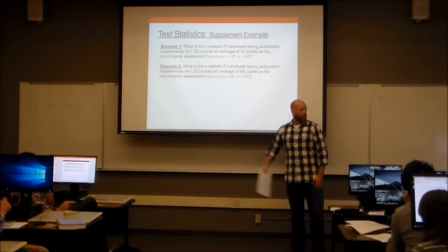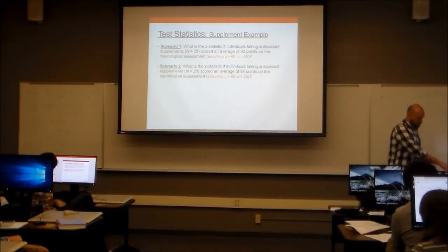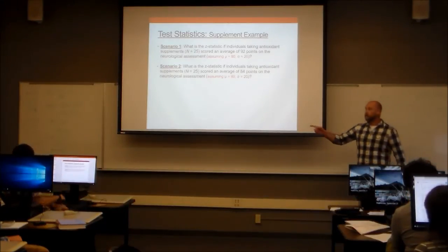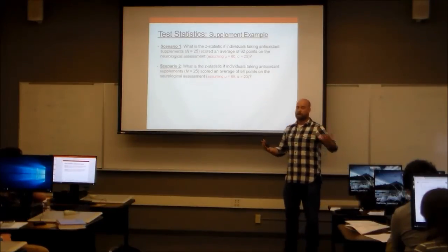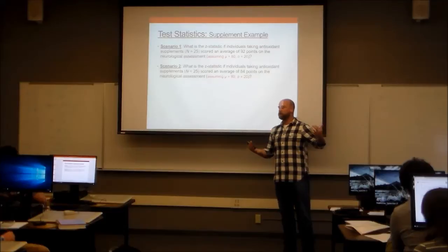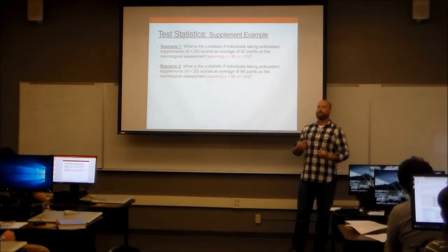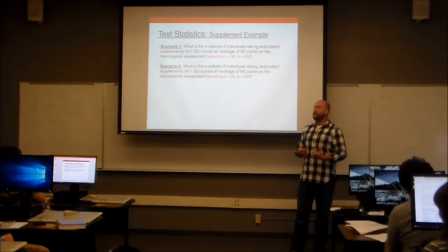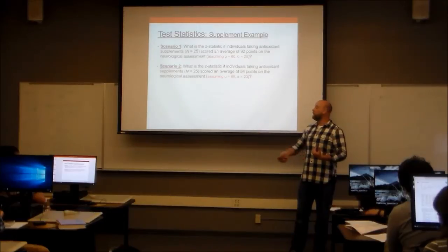So here in scenario 1, our observed deviation from our expected value under the null hypothesis was large enough and exceeded our expected error by enough for us to reject the null hypothesis and conclude that these antioxidant supplements are probably doing something, right?